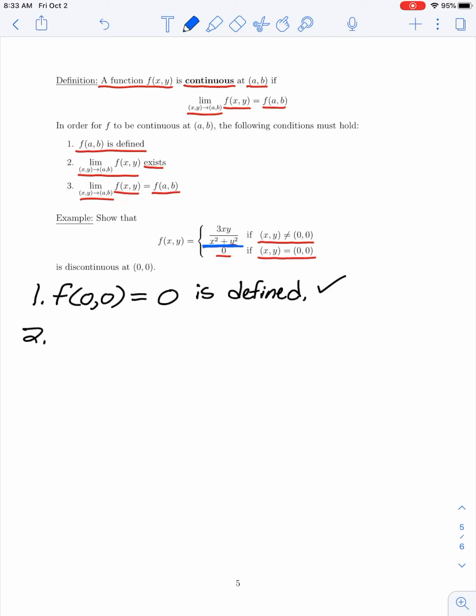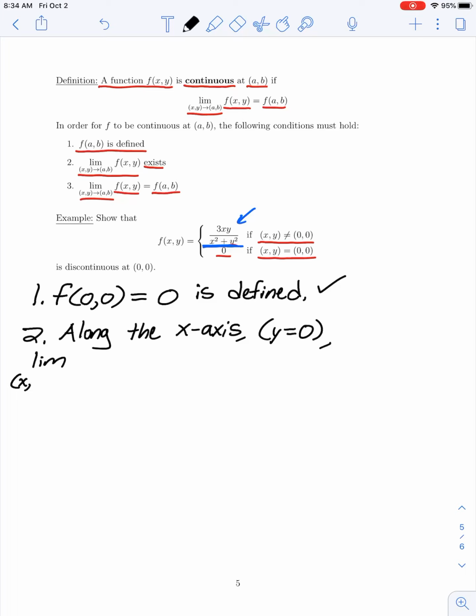And this function definition cannot be simplified any further. So if we can't simplify, we might try evaluating our limit along different paths. So let us consider the limit along the x-axis, which is the line y equals 0.